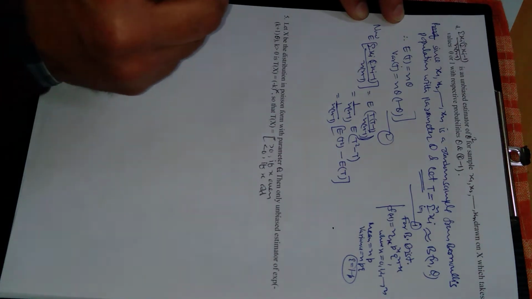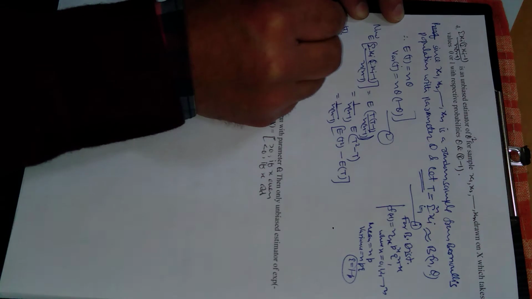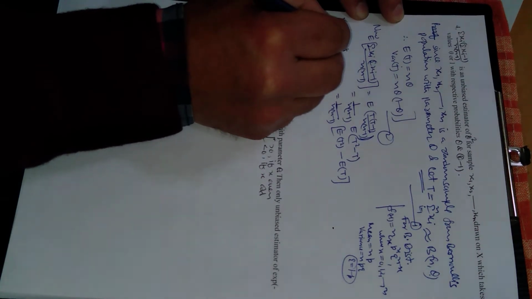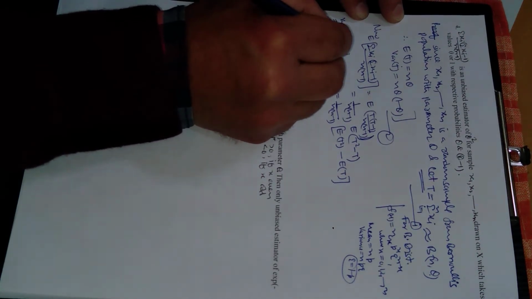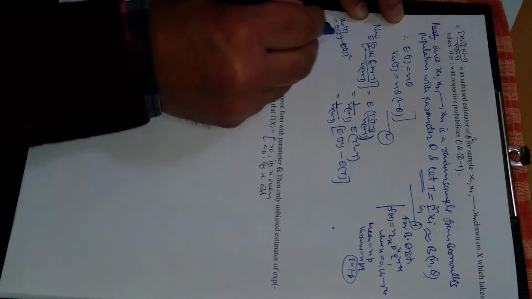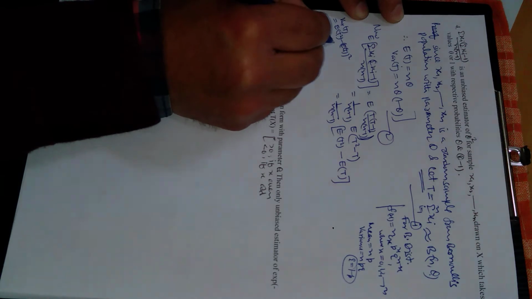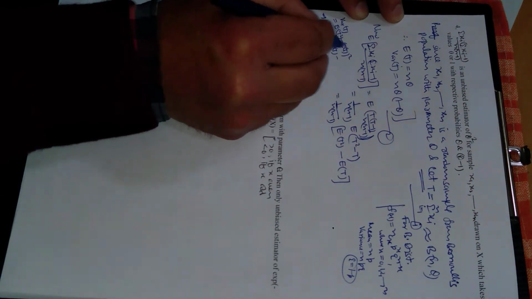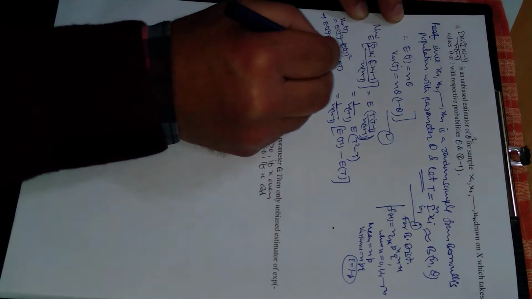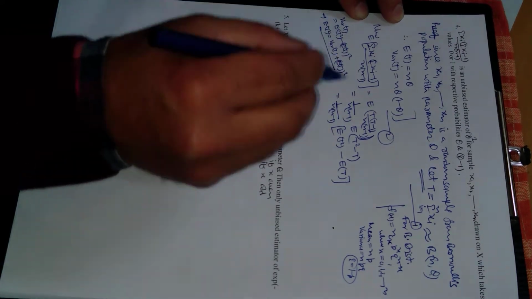So what will be variance of t? Variance of t will be e of t square minus e of t whole square. So e of t square from here will be variance of t plus e of t whole square. Use this result.